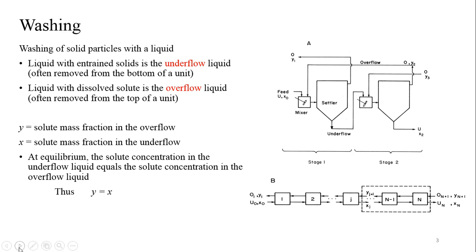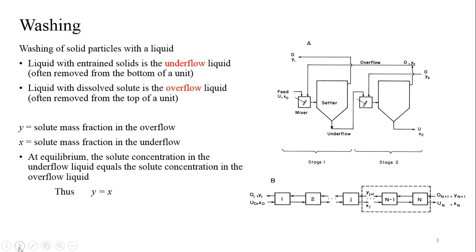So what we're now going to do is define basically concentrations. We'll say that Y is equal to the solute mass fraction in the overflow, coming off the top. And X is the solute mass fraction in the underflow, coming off the bottom.